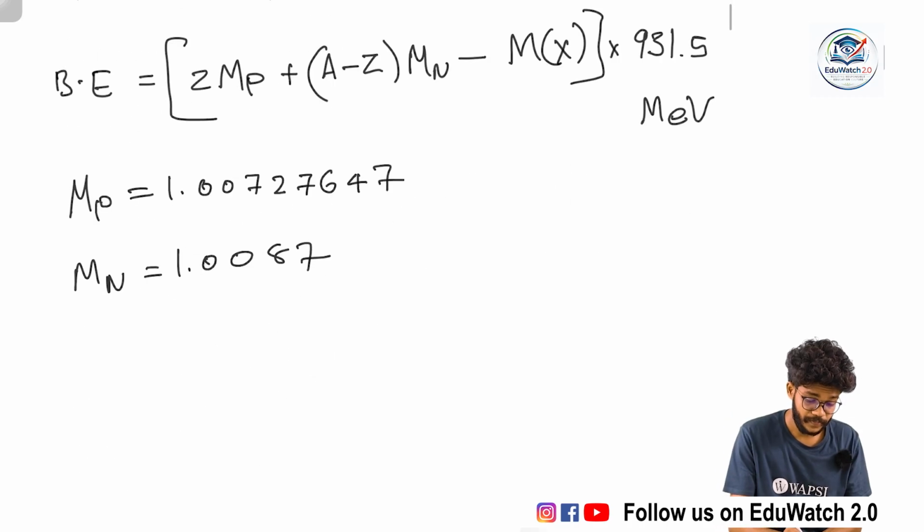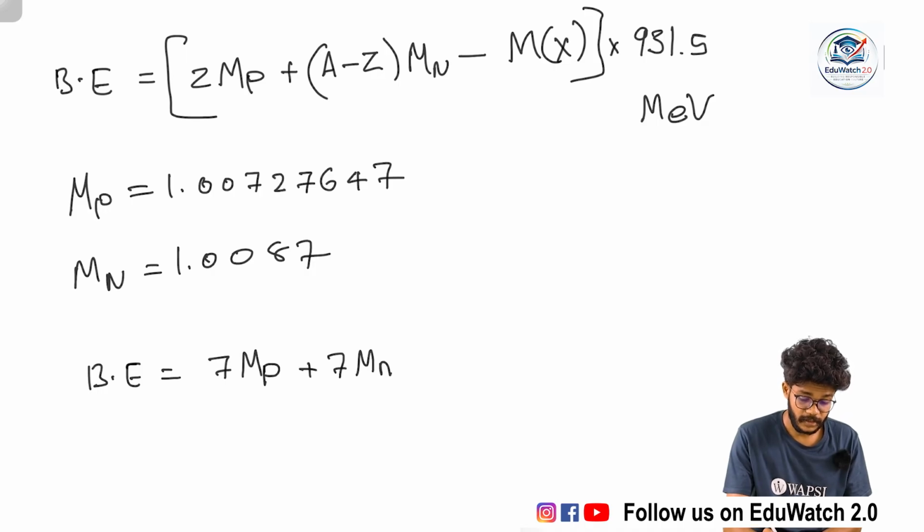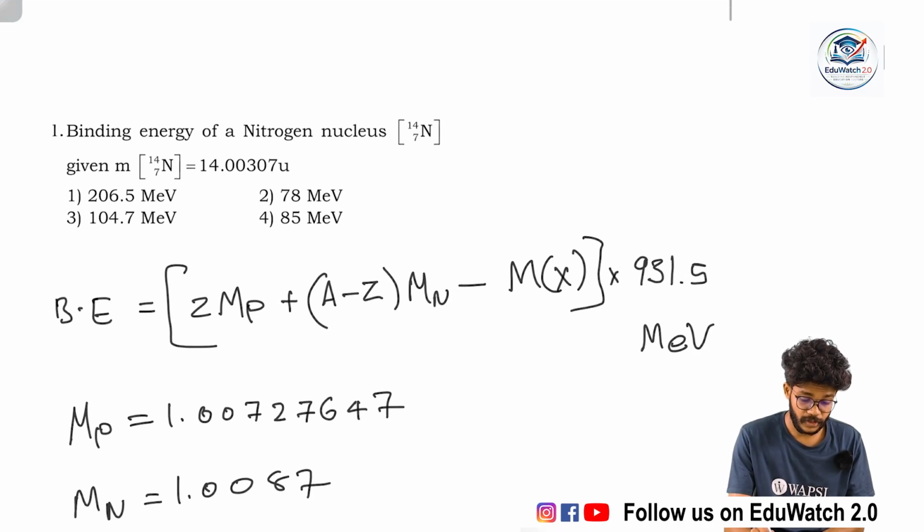So substituting, binding energy is equal to 7 times Mp plus 7 times Mn minus 14.00307.